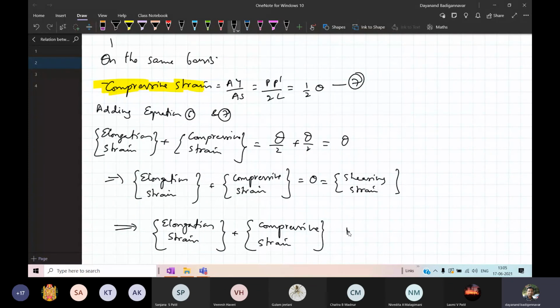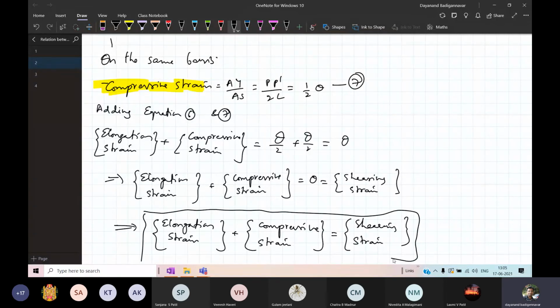It is equal to the shearing strain. So this is the final relation that we are interested in. The relation between the elongation strain, compressive strain and shearing strain is such that the sum of elongation strain plus the compressive strain is equal to the shearing strain.